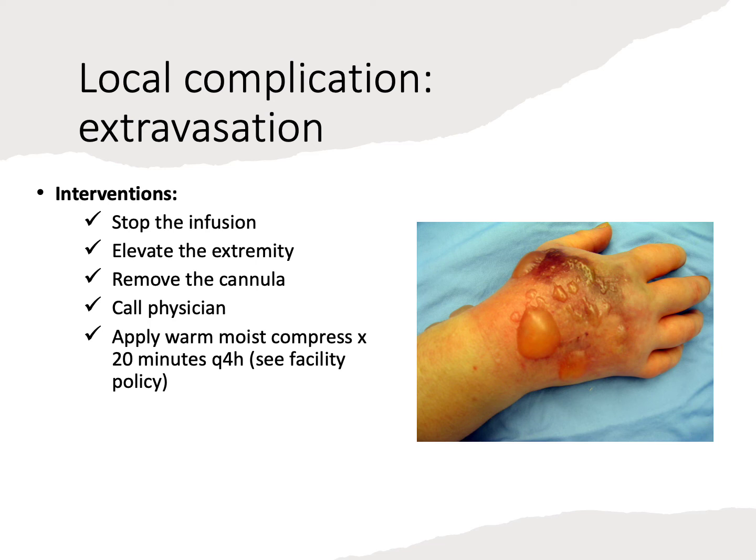There may be some antidotes that could be provided as per facility protocol. Elevate the extremity. Perform frequent assessments of motor function and sensation of the affected limb, and make sure there's good, adequate circulation.